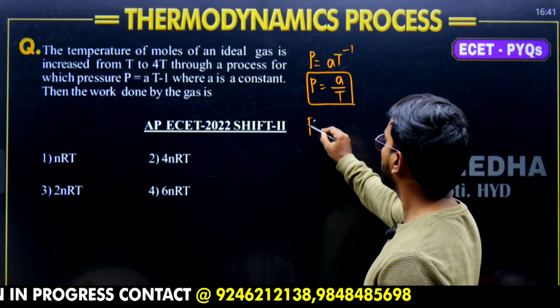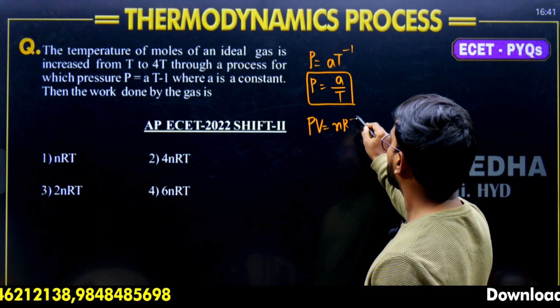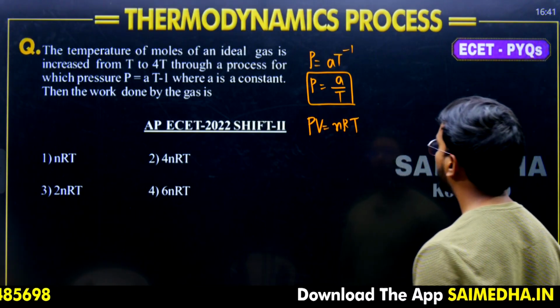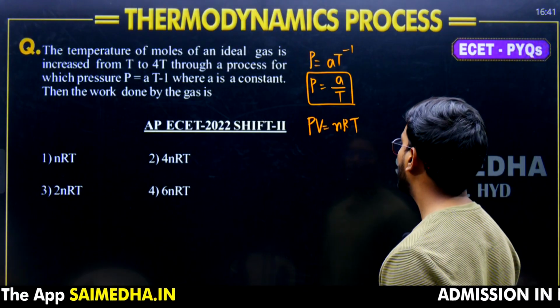Generally we know that PV is equal to nRT. Now P is a function of temperature.